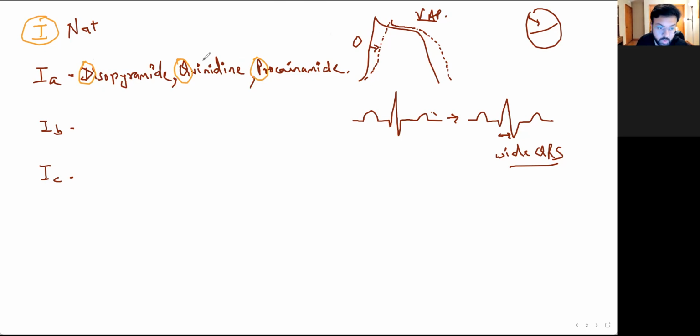One special thing about class 1A antiarrhythmics, which is only in class 1A, apart from blocking the sodium, it also blocks potassium channel. That's why the graph which I draw here is specifically for class 1A. It is blocking sodium, plus it's also blocking potassium. So the slope of phase 0 is also decreasing. The slope of phase 3 is also decreasing.